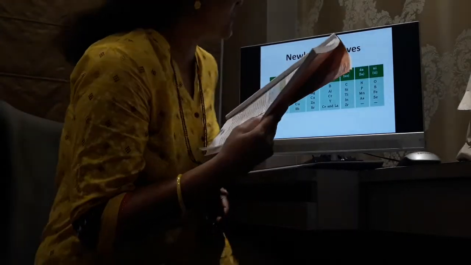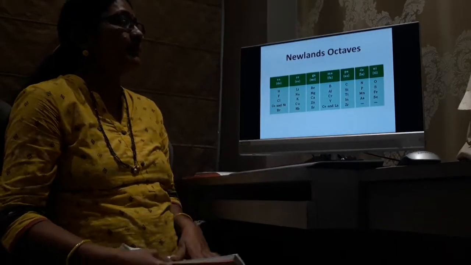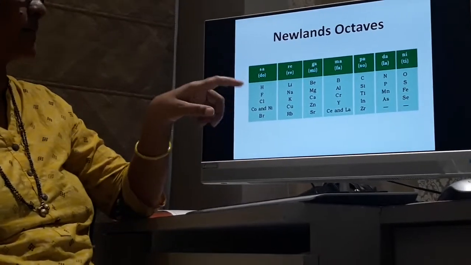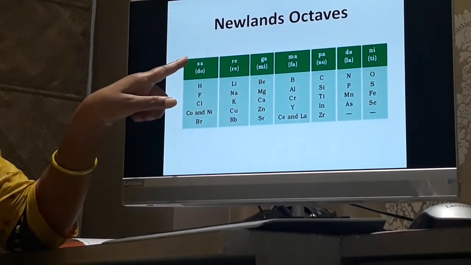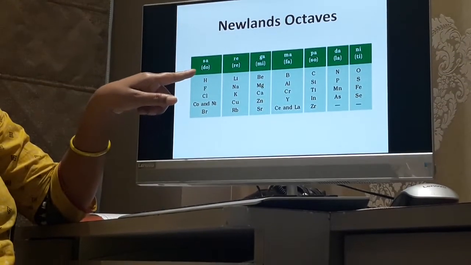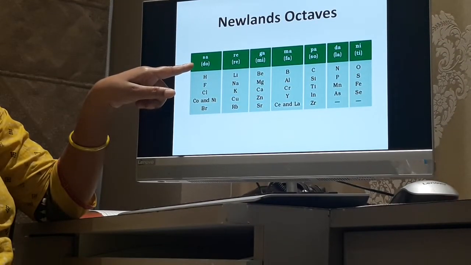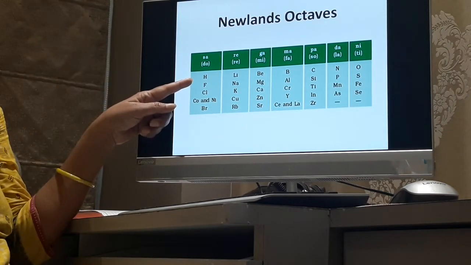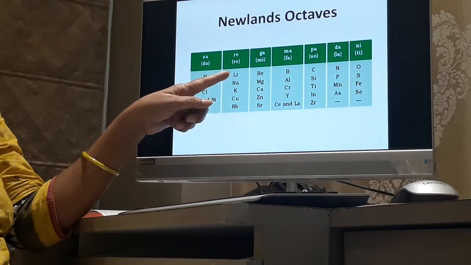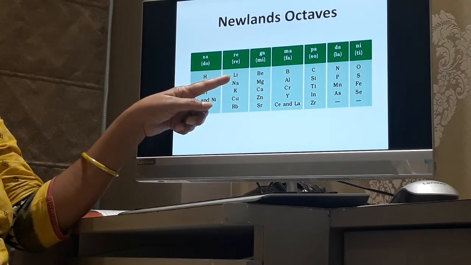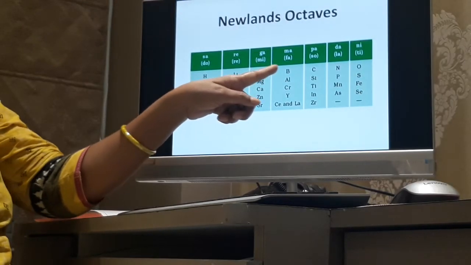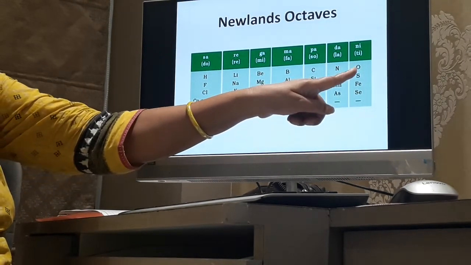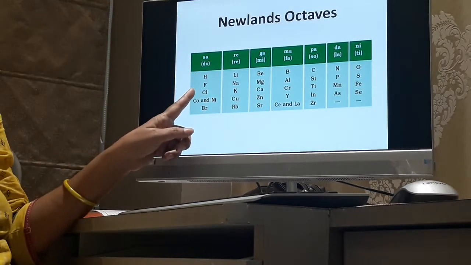Now, we shall see the example in the form of a table. Newlands' octaves. We have got the Indian music notes as well as the Western music notes. We start with hydrogen, then comes lithium according to the increasing atomic mass, beryllium, boron, carbon, nitrogen, oxygen, fluorine.